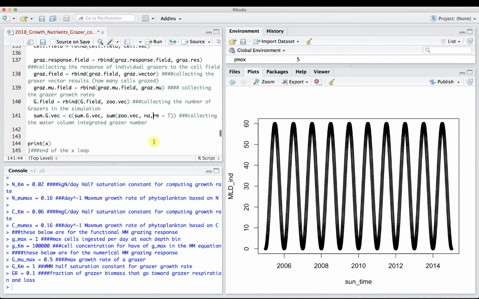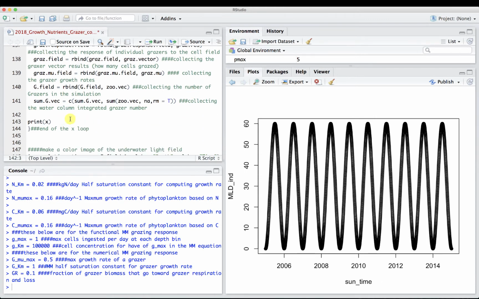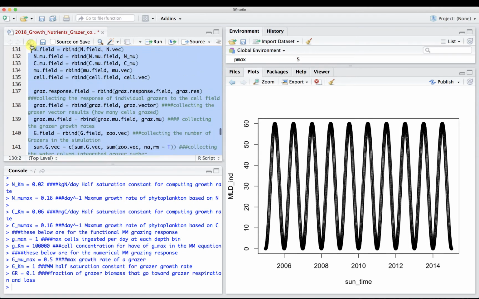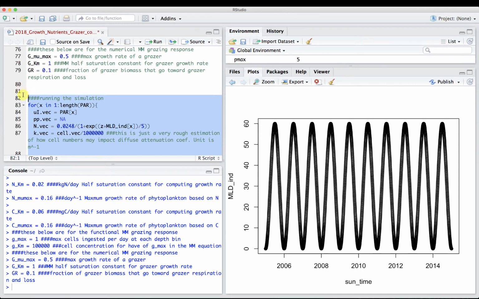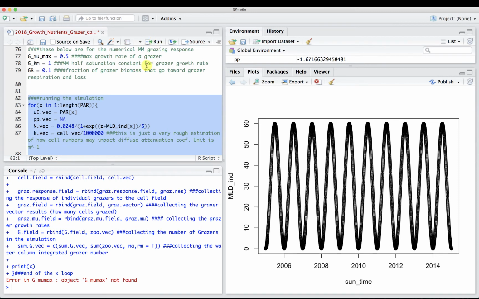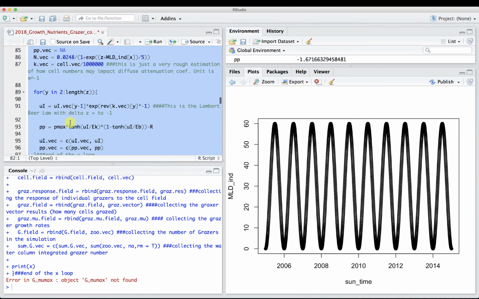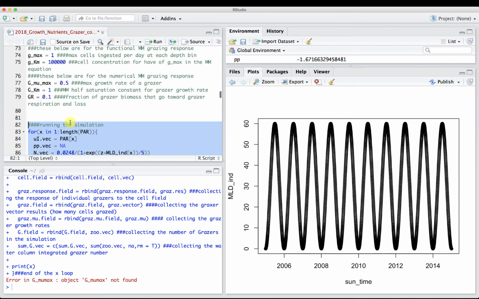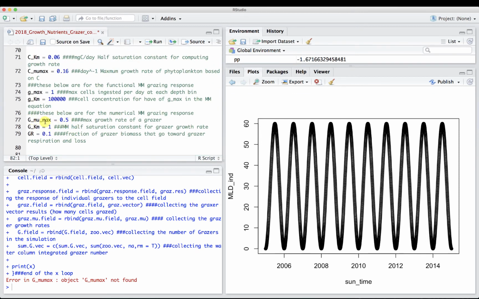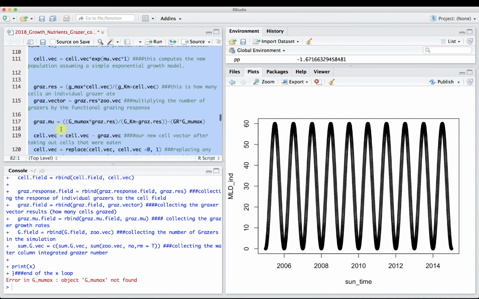Right. Now, we'll see if I did this correctly. We'll go ahead and run this. See what happens. Oh, G mu max not found. I had it here as G mu underscore max, so I probably misspelled it in here.